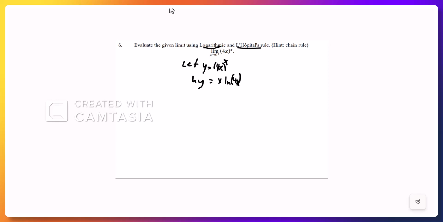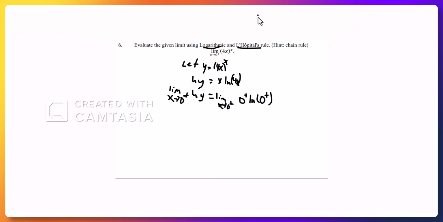Okay. And now we're going to set the limits. So as x approaches 0 from the right, the natural log of y equals the limit as x approaches 0 from the right side of x ln of 4x. You get 0 times ln of 0 plus, because 0 times 4 is 0.